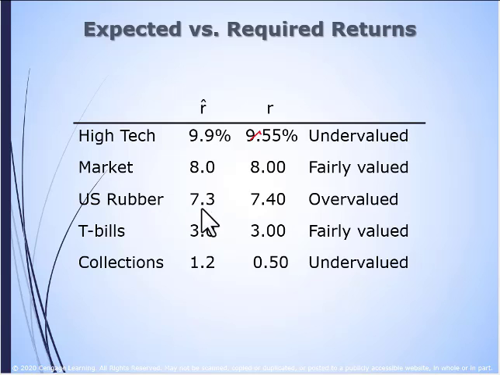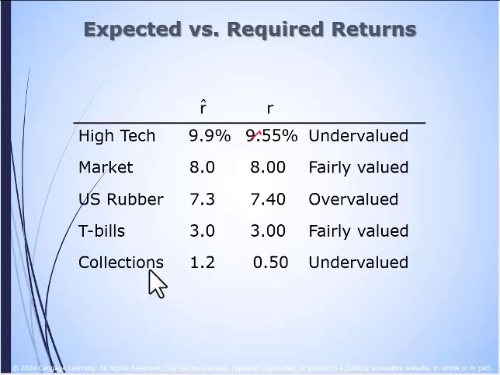U.S. Rubber received 7.3%, but you wanted 7.4%. The rubber would be a bad investment because you want a certain return, but it's not going to give you that return.